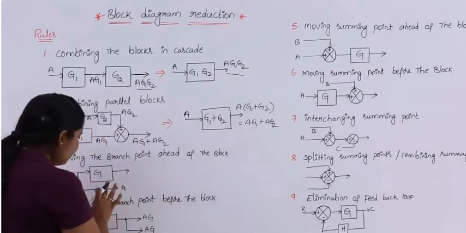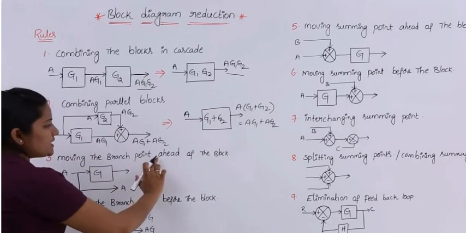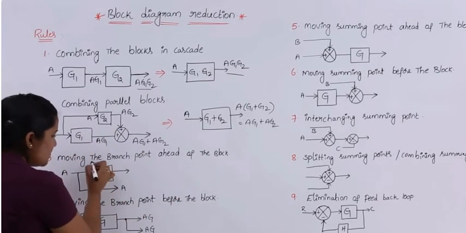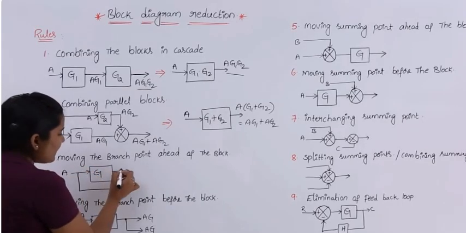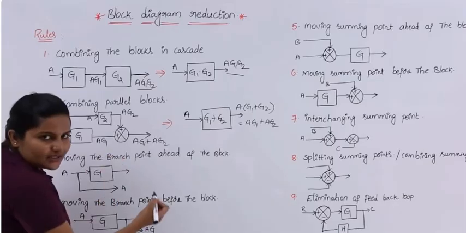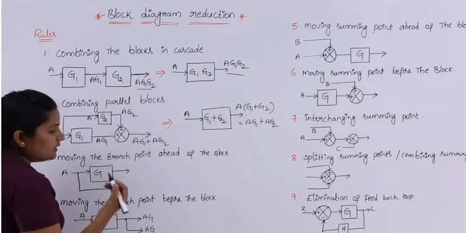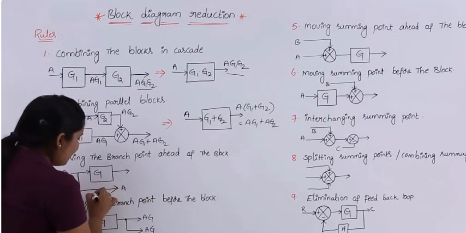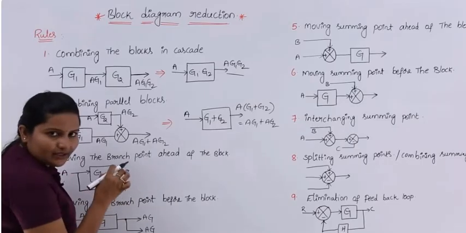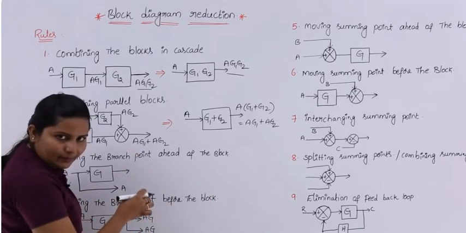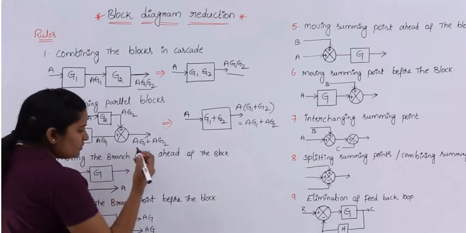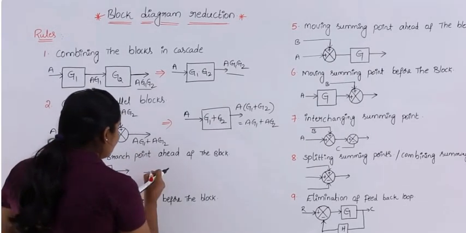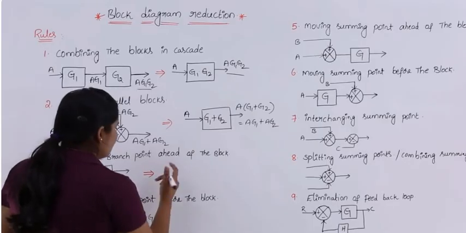So you can see here, you can observe moving the branch point ahead of the block. That means this is before the block. If you want to move this branch point ahead of this block 1, then you need to add a block here in this path. Whatever the path is moving, in that path you need to add a block. So like this. So here you have a block.